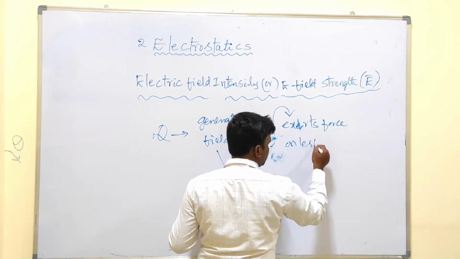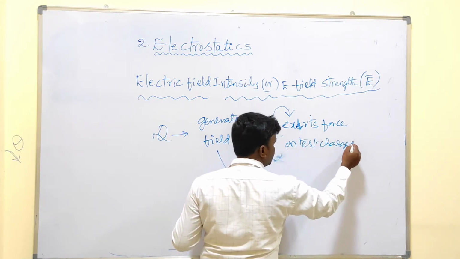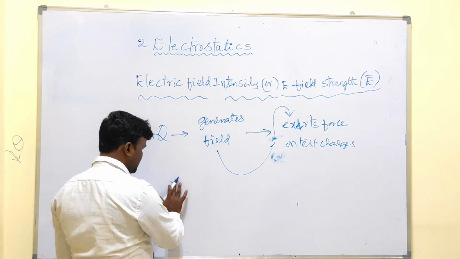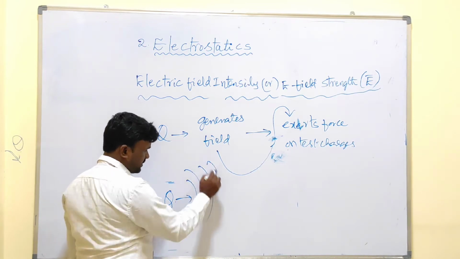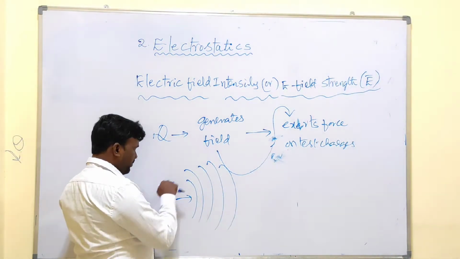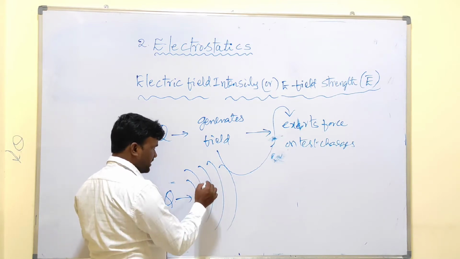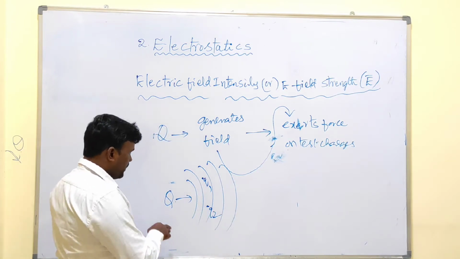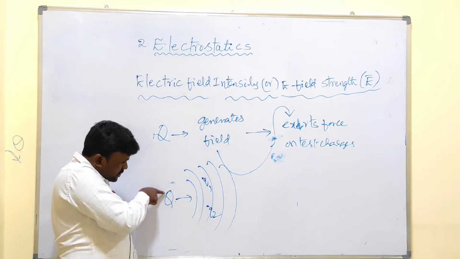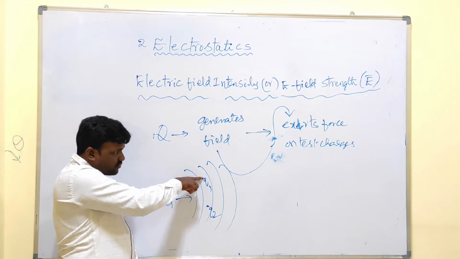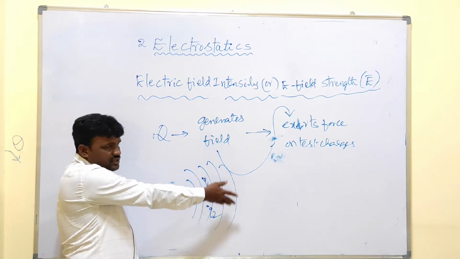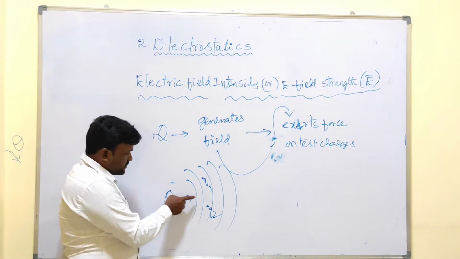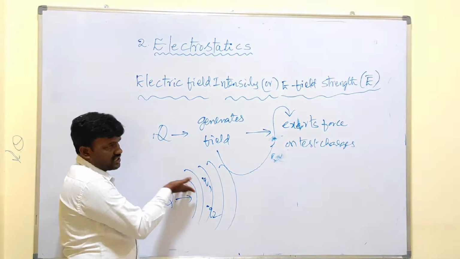You have the Q, and this Q generates fields like this. If you want to measure this field strength, we require test charges. Let us take Q1 placed here, Q2 placed here, then we will get the force. This field exerts force on Q1, Q2, Q3 and so on up to Qn. That means the field is due to this charge, acting on test charges.